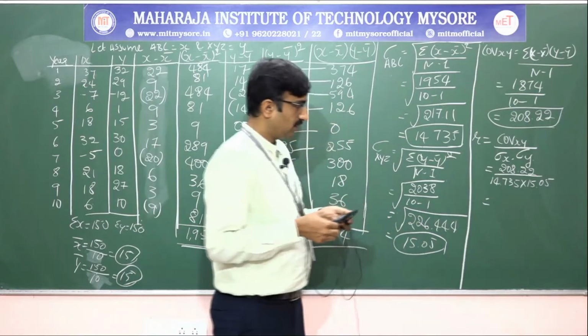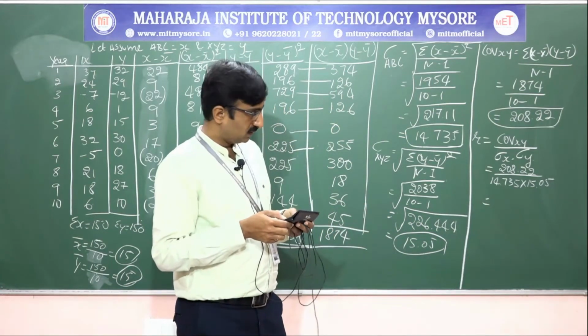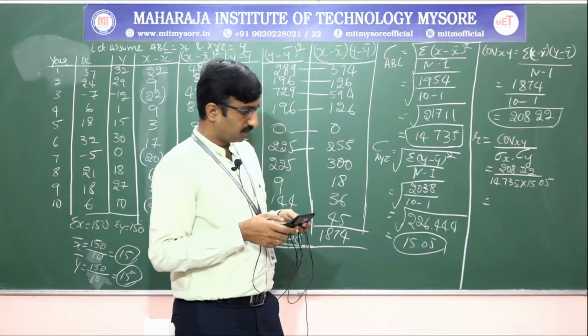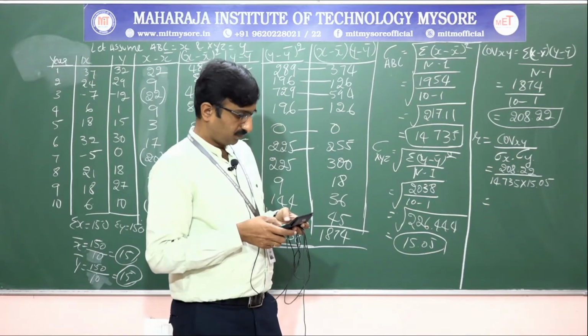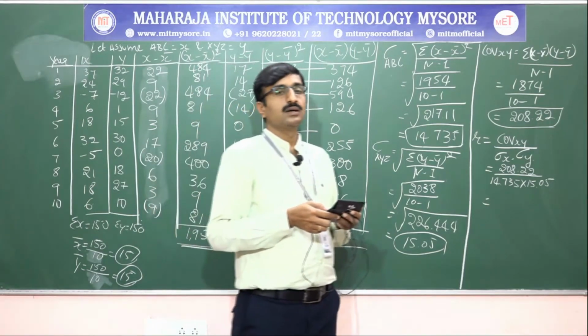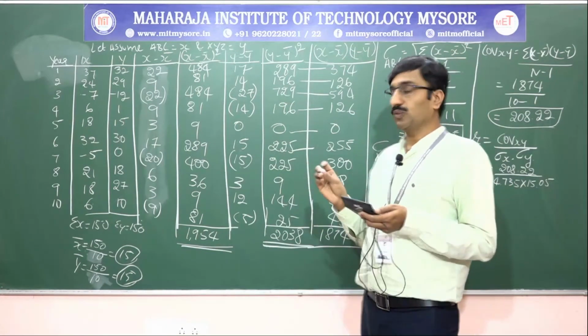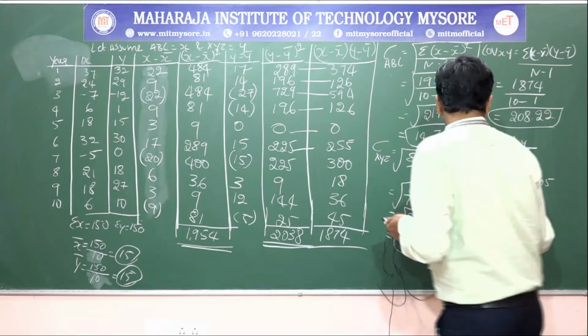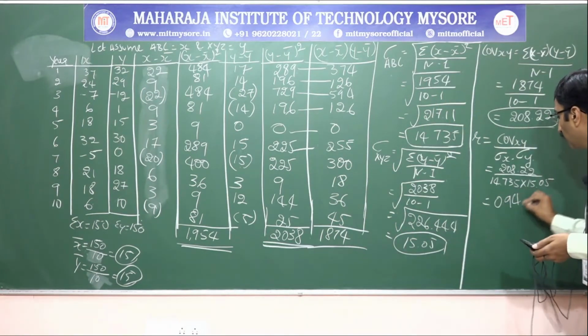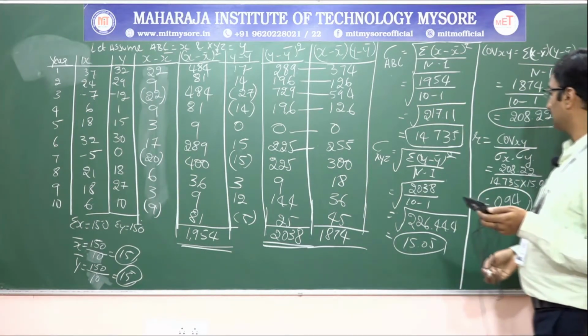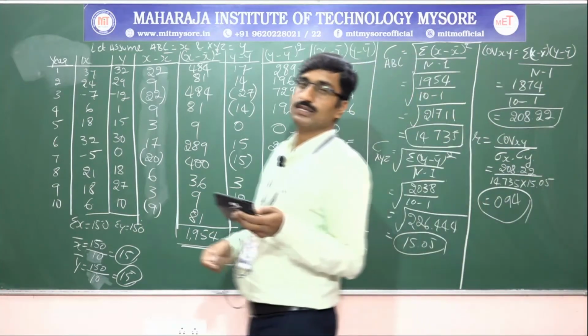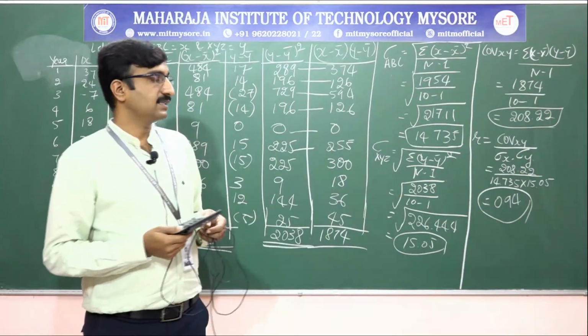So, calculate. You will get 0.94. 0.94 is the value of R. It is less than 1.